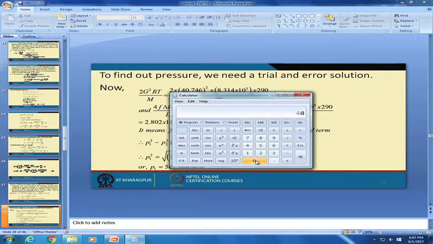40.7 square, right, into 2 is equal to so much into 8.314.